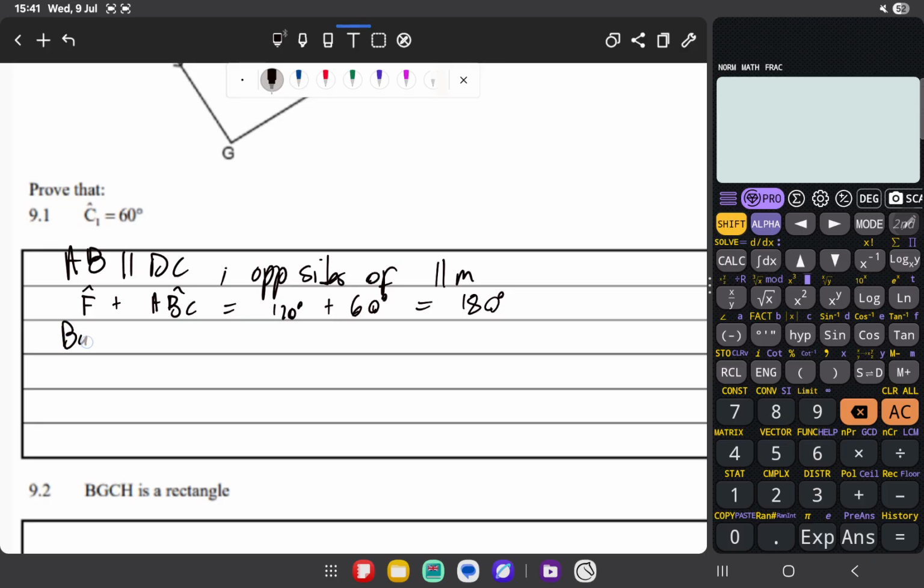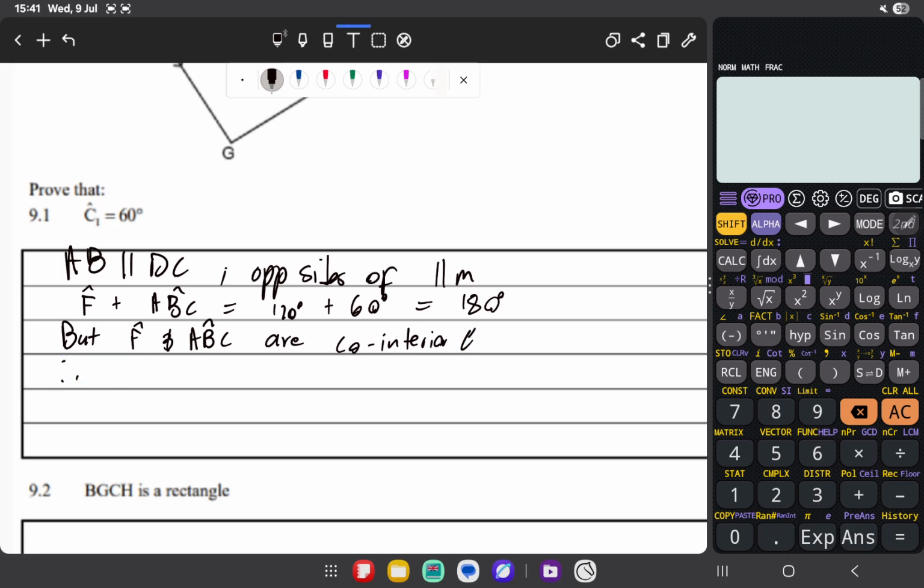But angle F and angle ABC are co-interior angles, right?